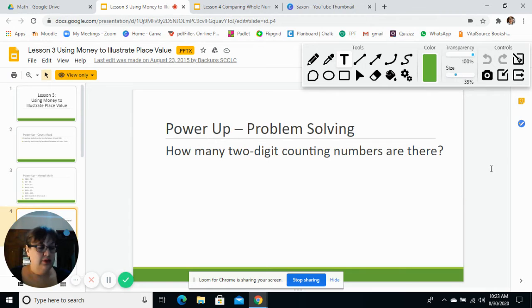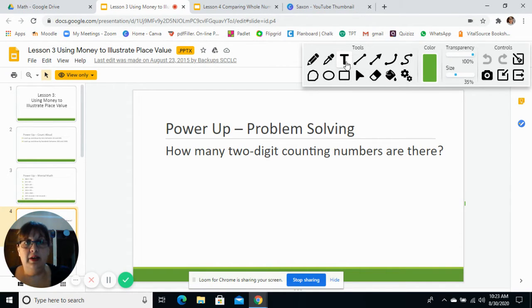Well, you would list 99, right? That's a lot of numbers. But there are 9 counting numbers that only have 1 digit. So we just need to subtract 9 from 99 to figure out how many 2-digit counting numbers there are. That's our plan to solve our problem.